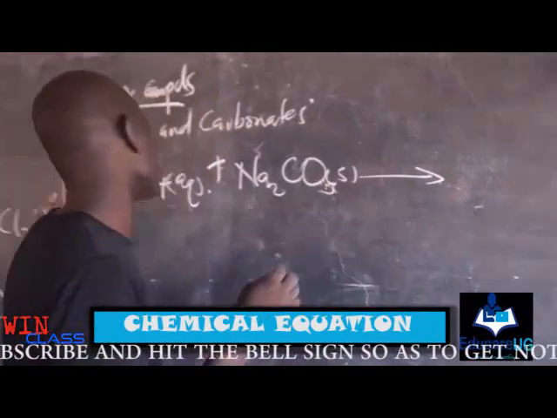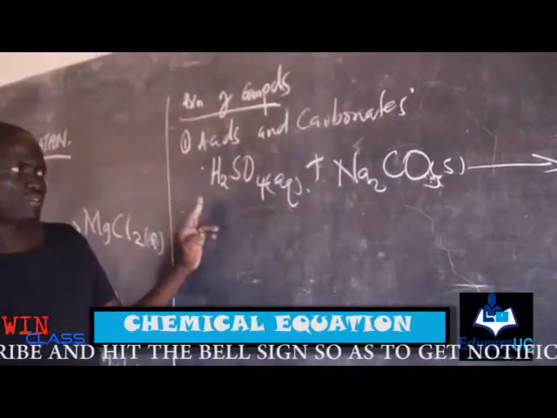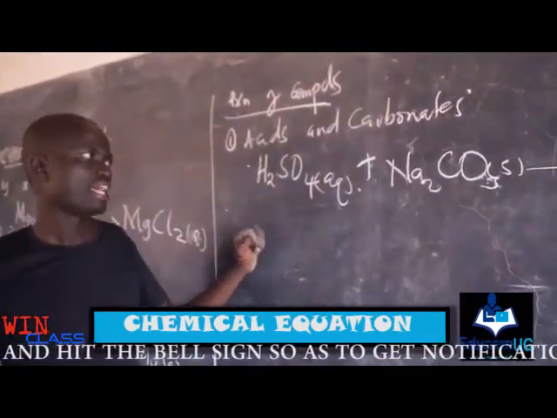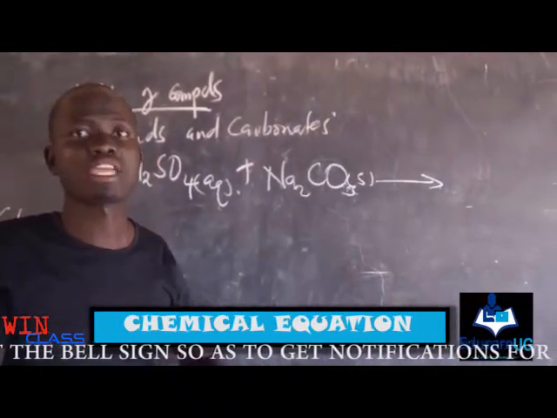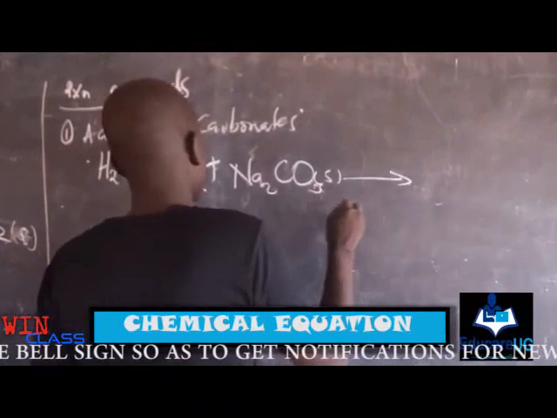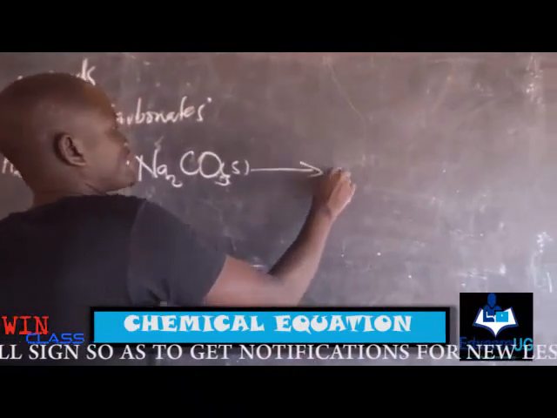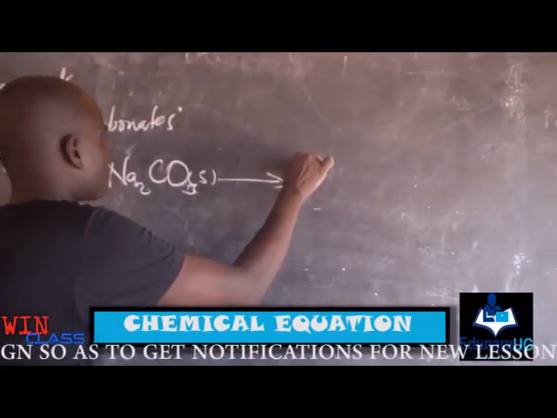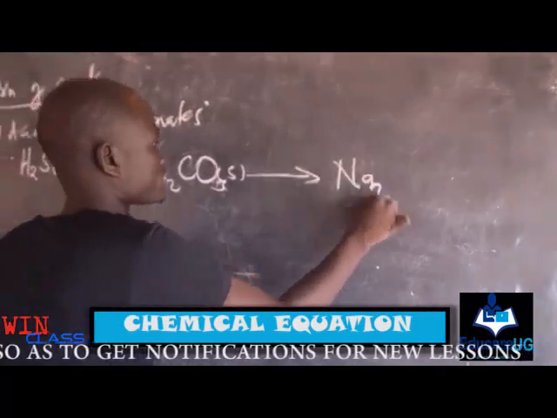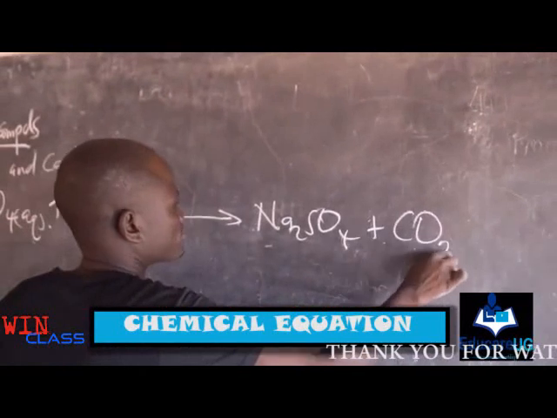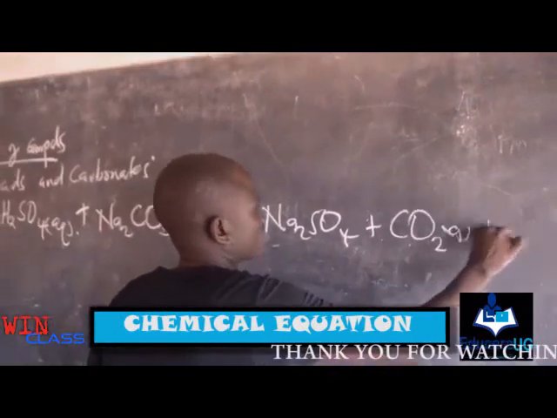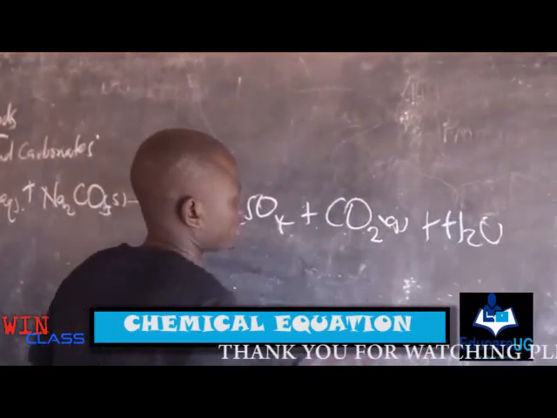These are compounds combining. In their reaction, they will react, and later on we shall have compounds being formed. So here we shall end up having a salt, sodium sulfate, plus carbon dioxide, which is a gas, plus water, which is a liquid.